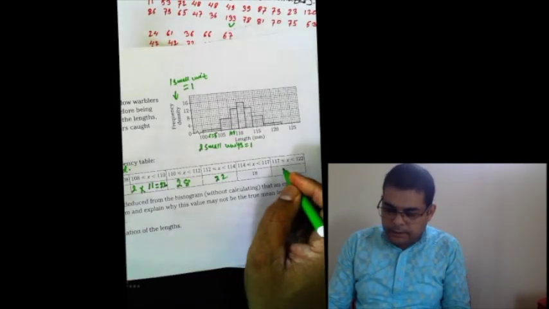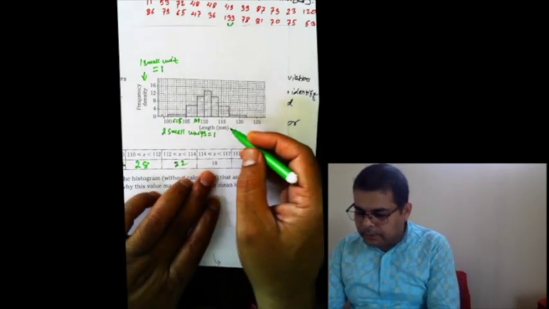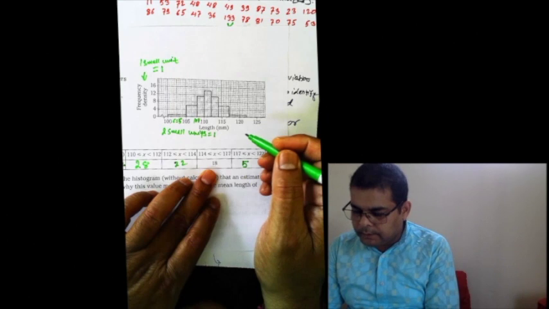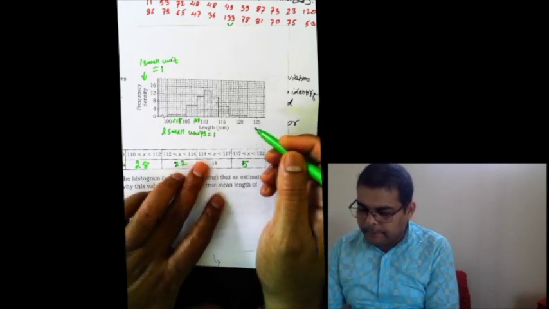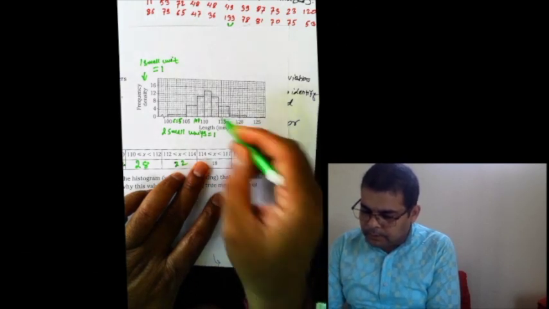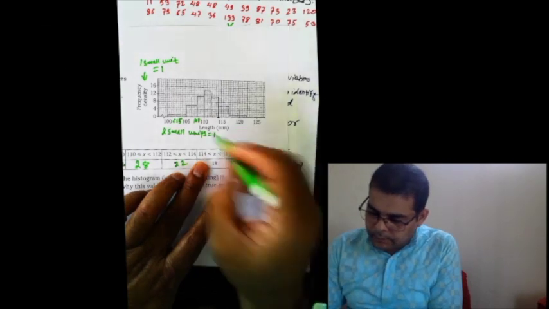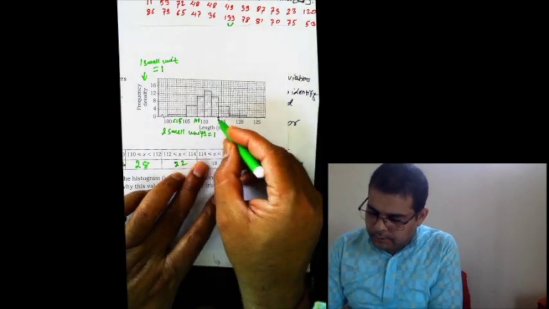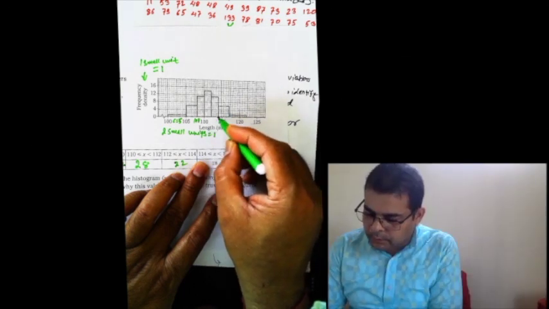And then lastly, let's check whether or not this is 18. So 18 is for 114 to 117. You can see 114 must be here, two steps behind.